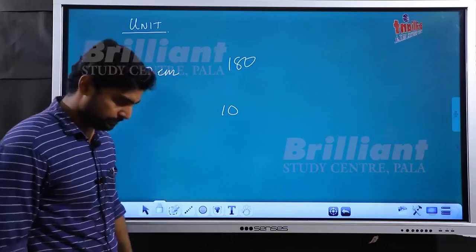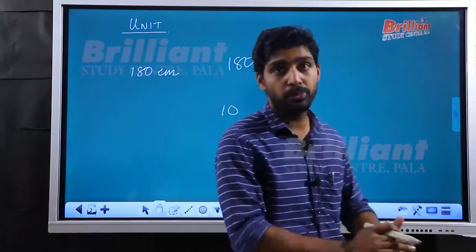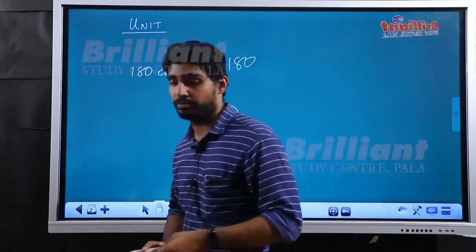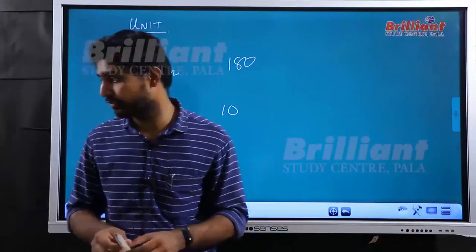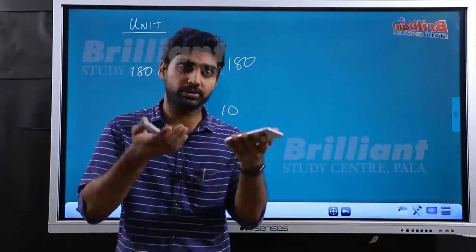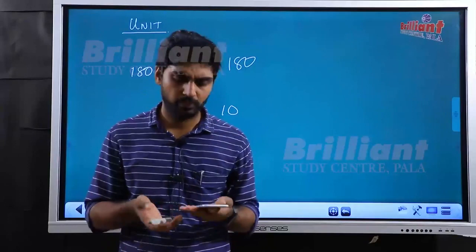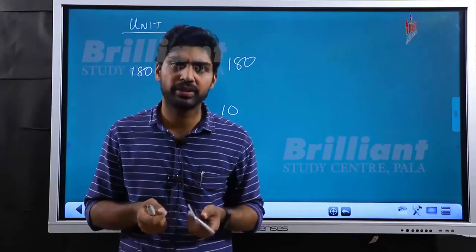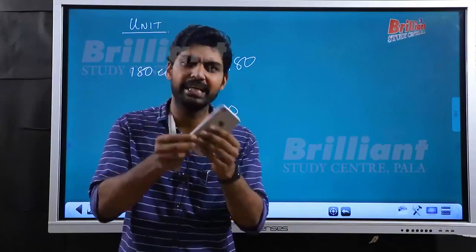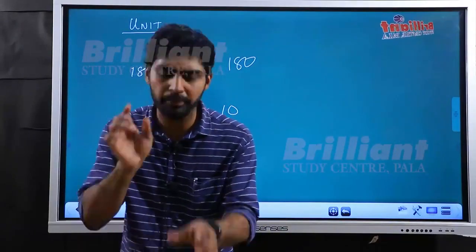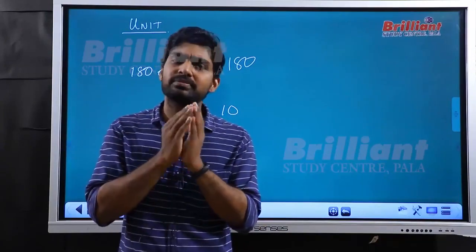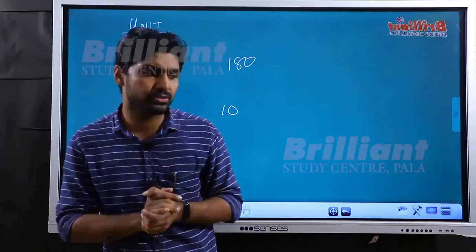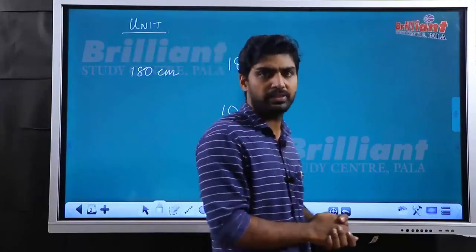Suppose another thing. Suppose we are going to compare the mass of two objects, this phone and this pen. I can feel the difference in their masses. I can say that this is slightly heavier than this. Similarly, we can compare the mass using different things by feeling it with our hand.